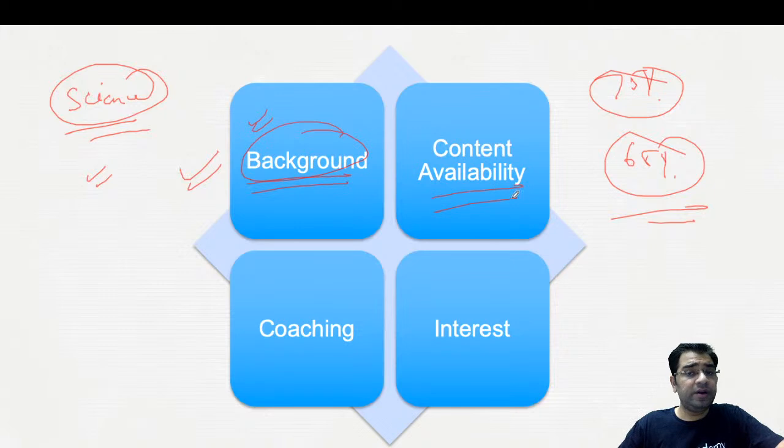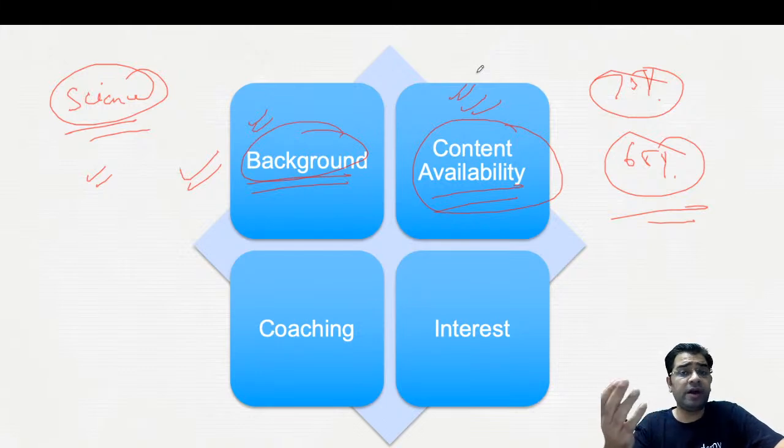Another thing is content availability. Content availability is another important factor of any optional selection. If you do not have good content, let us say in the case of economics, you do not have good coachings across the country, you don't have a good test series running, you don't have many books, or though there are so many books, none suffices for exam purposes.